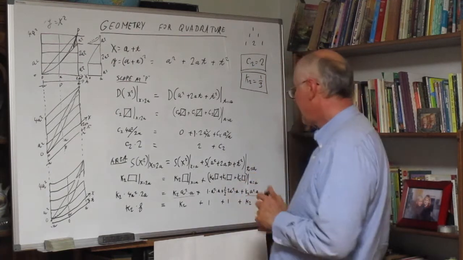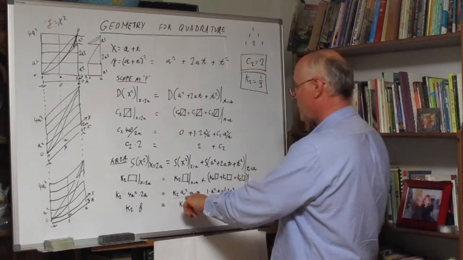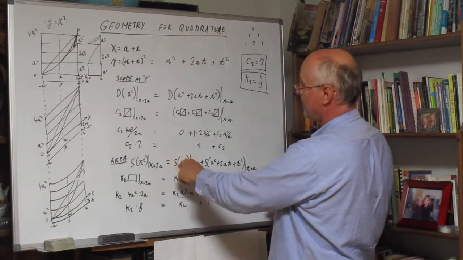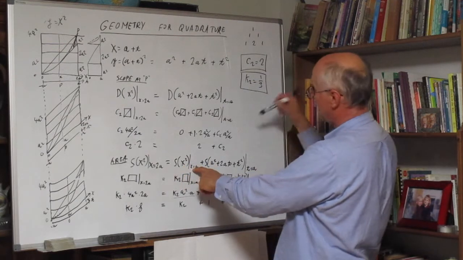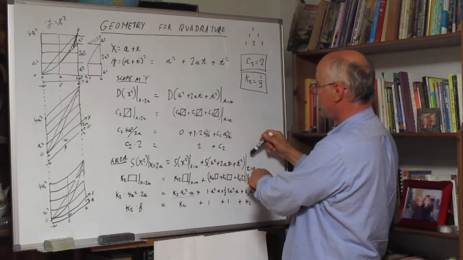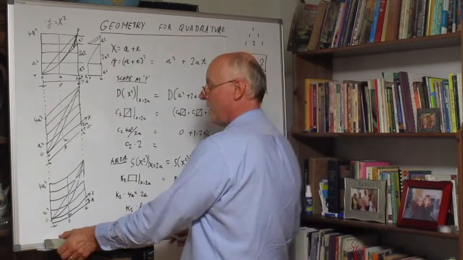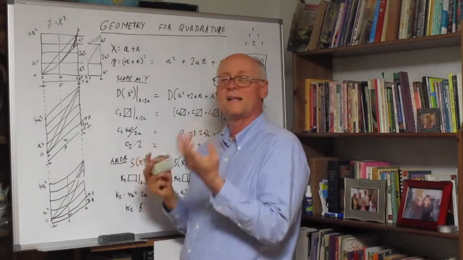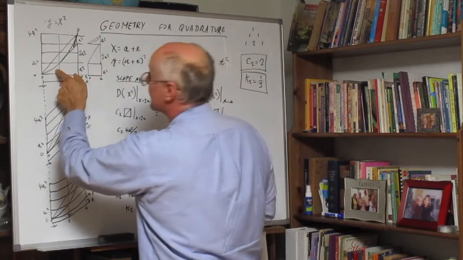But the key point that I want to drive home is, from an algebraic perspective, this thing here, the signed area of x squared evaluated at x equals a, is the same as the signed area of t squared evaluated at t equals a. It's indistinguishable. And within this Cavalieri style system, you cannot distinguish this area from this area.